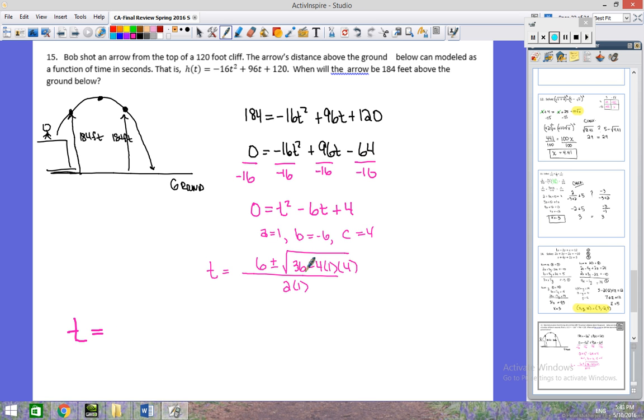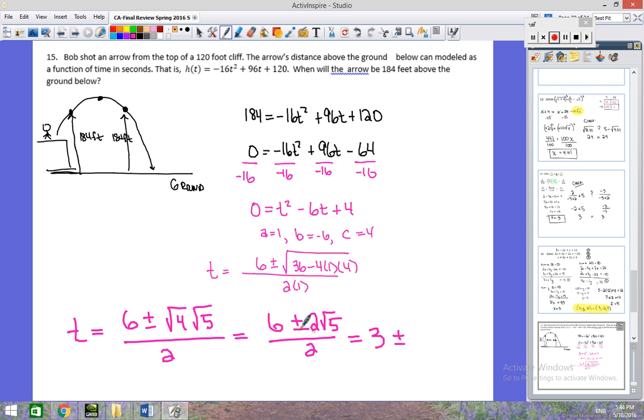Alright, so 36 minus 16 is 20. So I've got 6 plus or minus the square root of 20. But the square root of 20, 4 times 5 is 20. So I've got 6 plus or minus 2 radical 5 divided by 2. Half of 6 is 3. Half of 2 is 1.